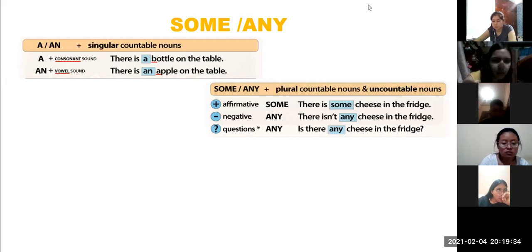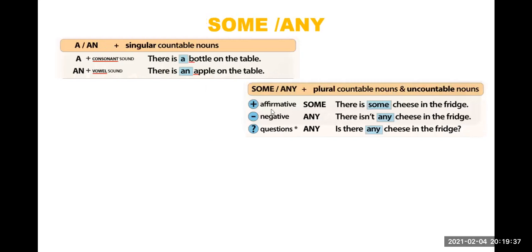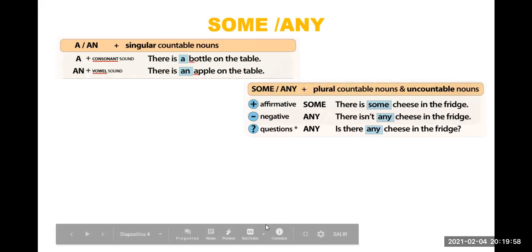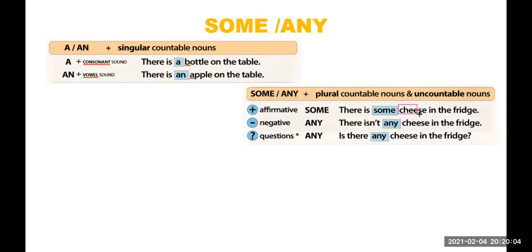Some and any. Okay? So we use some when we have affirmative sentences. For example, there is some cheese in the fridge. So cheese, what is this? Countable or uncountable? Uncountable, right? So we use some with uncountable nouns and affirmative sentences.